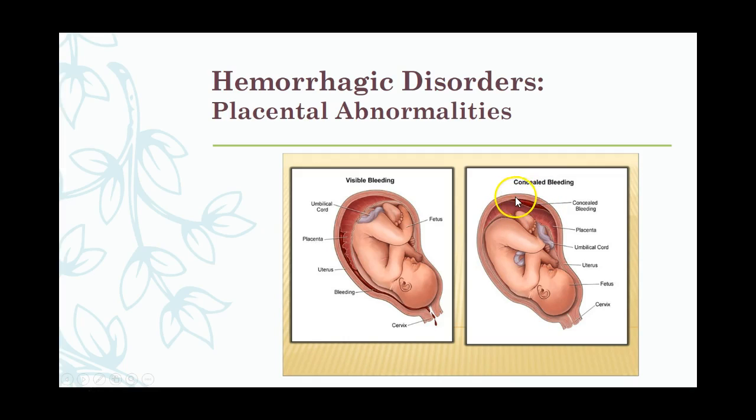And what will happen is this will continue to bleed and bleed and bleed, and the placenta will continue to separate from the middle outwards. So you may not see any vaginal bleeding with a placenta abruption that has concealed bleeding. But what you will find is that the patient continues to complain of that severe abdominal pain, and the abdomen is going to be rock hard.